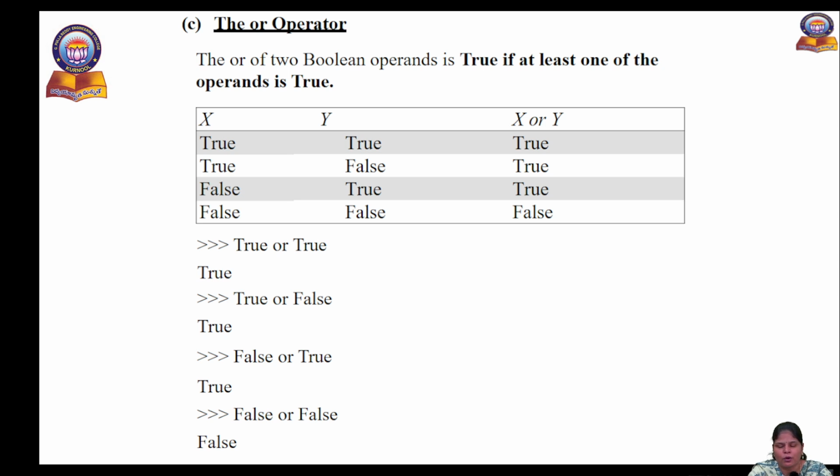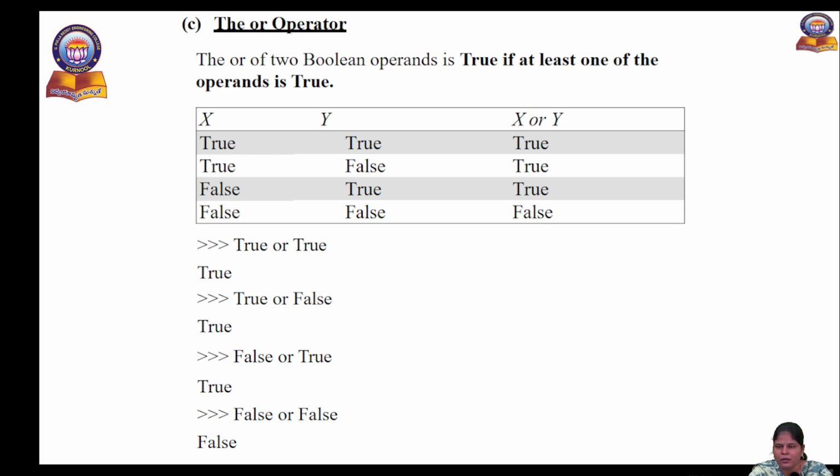And coming to the OR operator, based upon whether at least one operand is true, it will give the output true, otherwise false. At least one, minimum one value should be true, then it will give the output true.